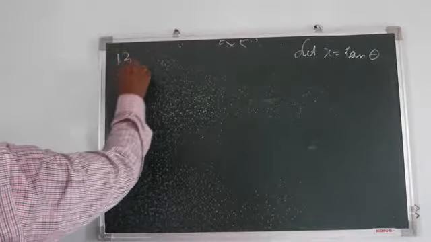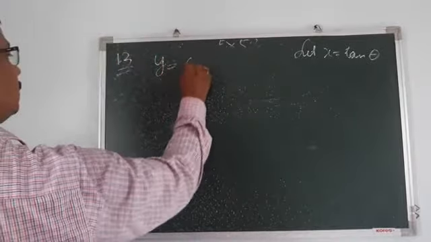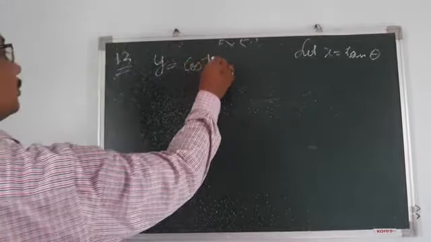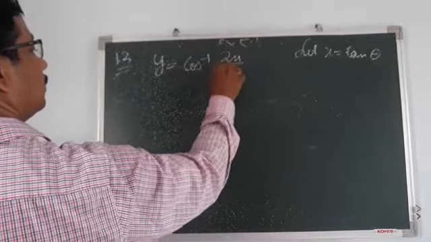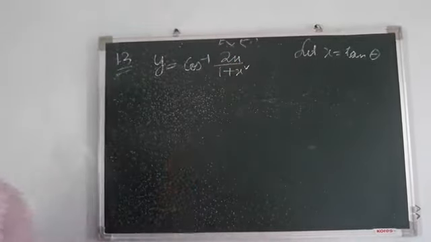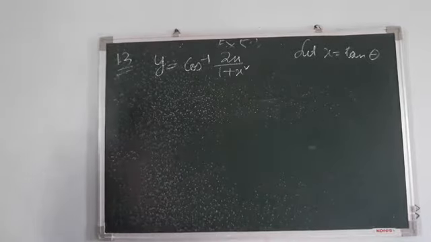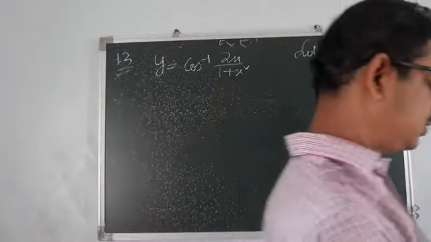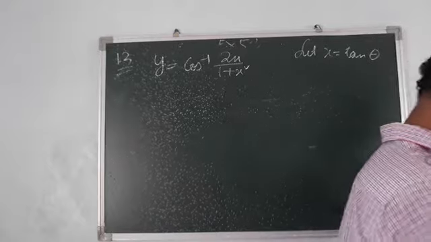Question number 13, y is equal to cos inverse of twice x by 1 plus x square. So how will we proceed? You just see.